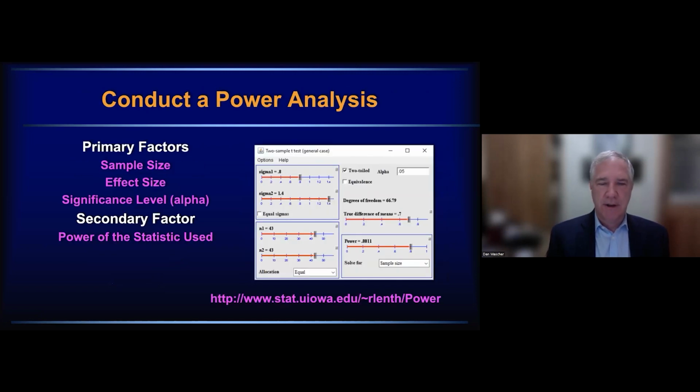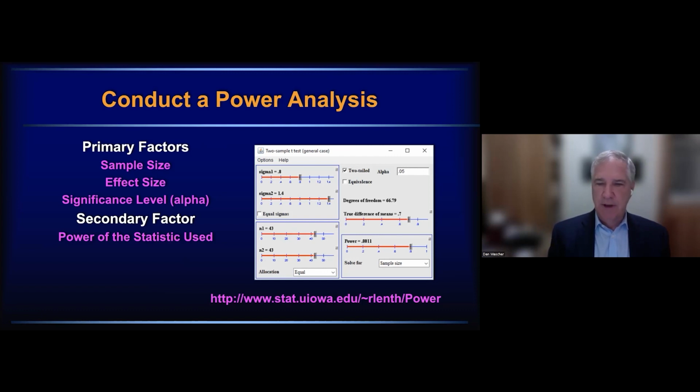Before you start your study, conduct a power analysis. There's nothing worse than a good project that is underpowered to show significant differences. So the primary factors are going to be the effect size, the significance level, which is usually 0.05, and the power, which is usually 0.80, and this will help you calculate your sample size.